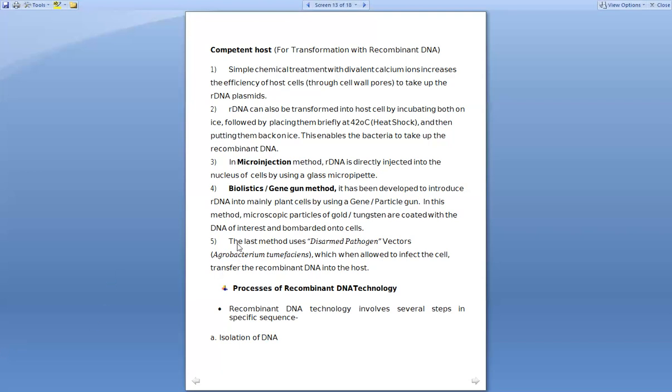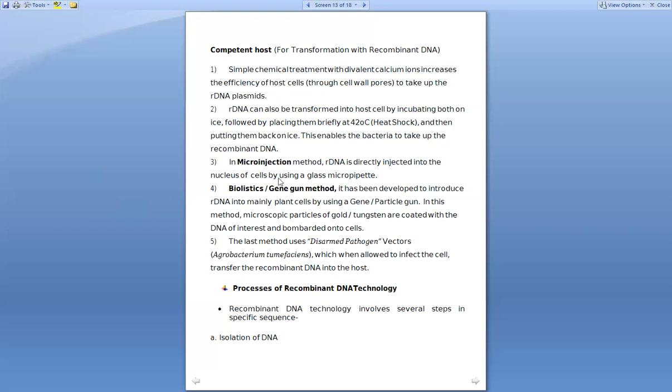So these are the five different methods of transfer, for entering or injecting the recombinant DNA into the competent host. The first one was the simple treatment, that was the chemical treatment through divalent calcium ions. The second one was to incubate on ice as well as in a heat medium, right?